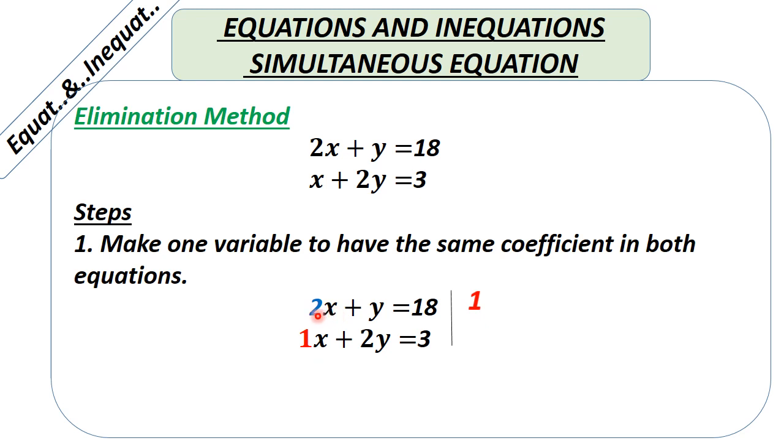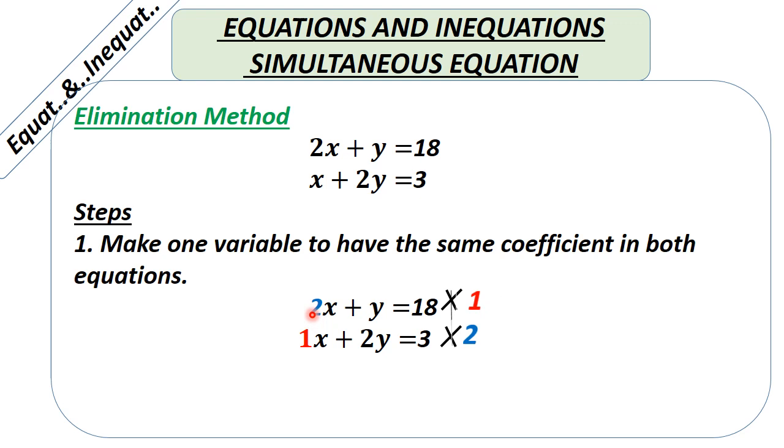Then you get the coefficient of the second one, and you take it there in the same line with the second equation. So this 2 is here and this 1 is here. Once we do this, we multiply 1 with everything here and also multiply this 2 with everything here.